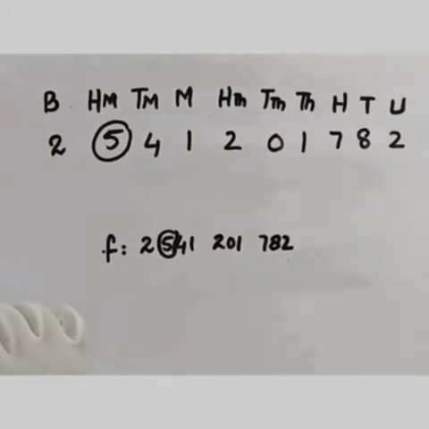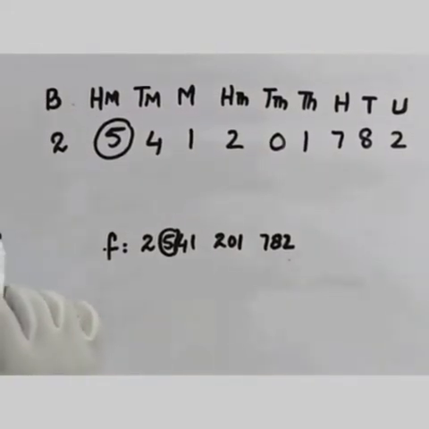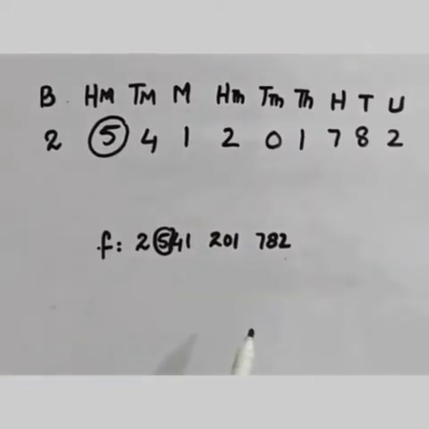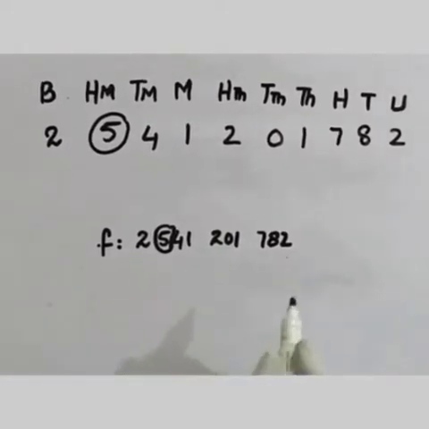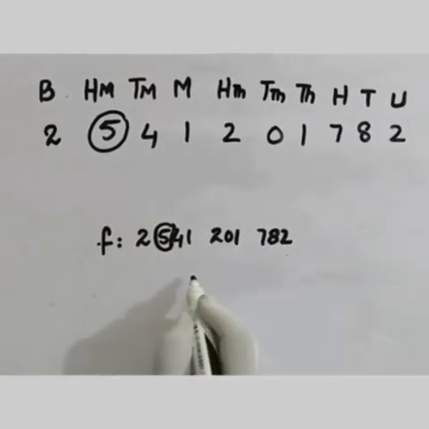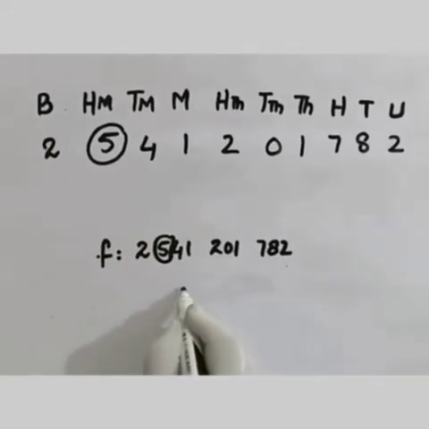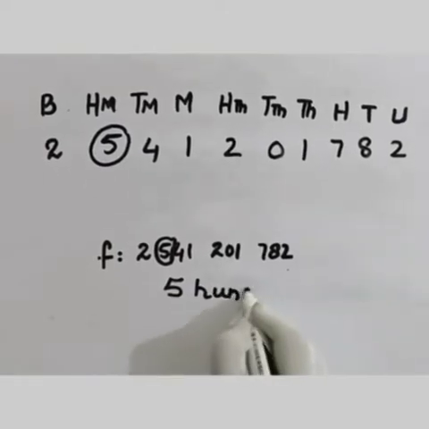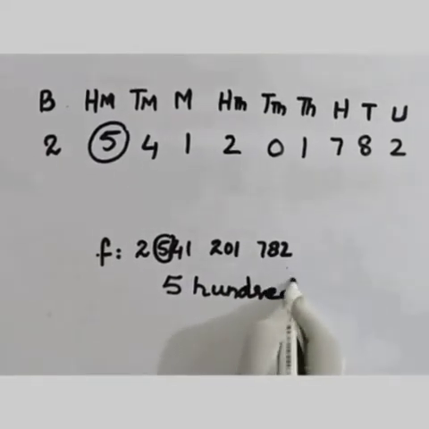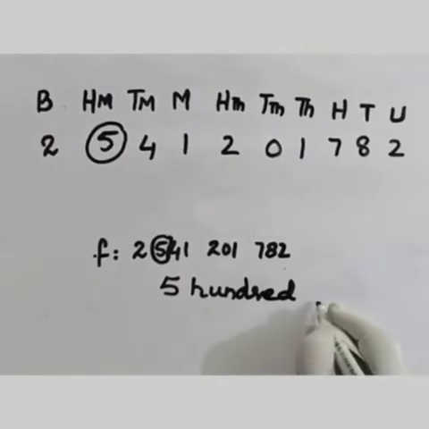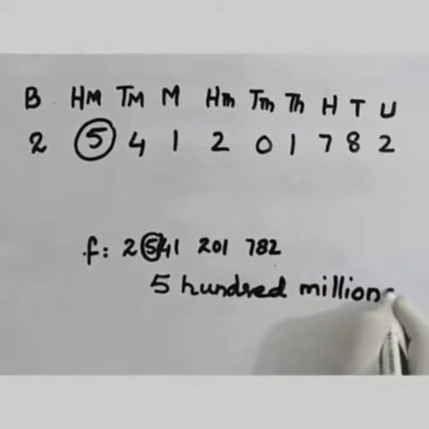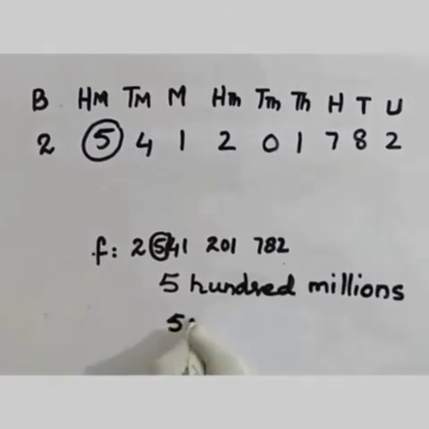Then how do we write it? We write it like this: 500 million, or 500 millions, or in number 500.